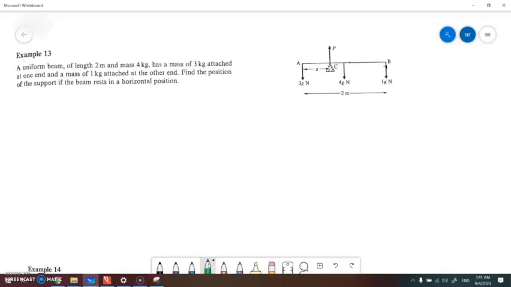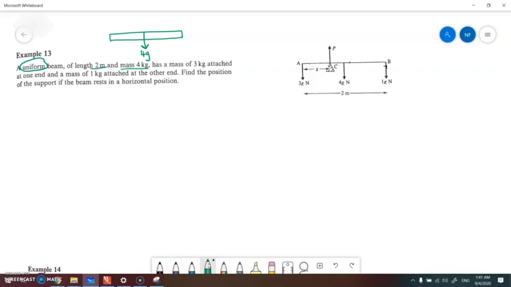Now we look at example 13. Okay, a uniform beam. The keyword is uniform. Uniform means that the mass of the beam, let's say for this example you have a mass of 4 kilogram, the 4 kilogram is exactly at the center of the beam.